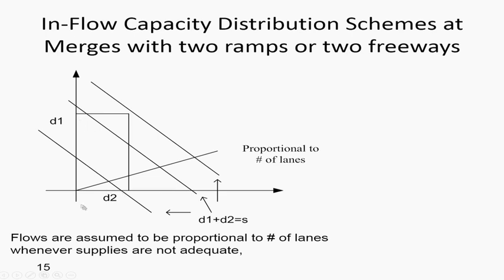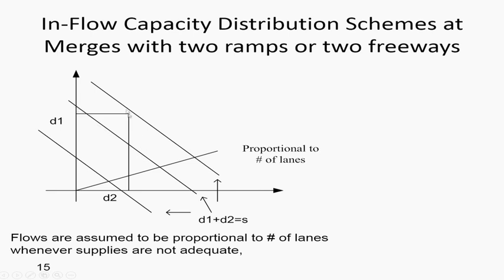Then you have 3,000 plus 1,000, so in total, you need 4,000 vehicles as a capacity. But unfortunately, if there's only, say, 3,000, or maybe 2,000 capacity available at the downstream, then you need to decide what's the proportion for you to split the capacity between the on-ramp and the mainstream.